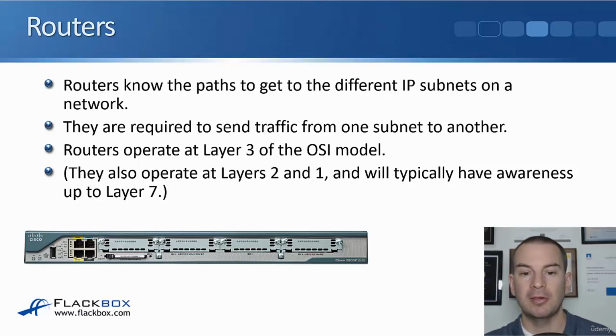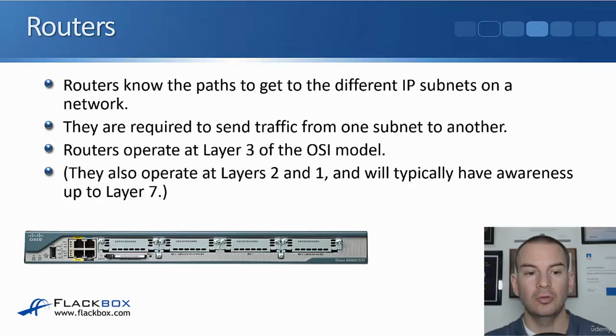It had 48 ports plus some uplinks, and they were all Ethernet ports. If you have a look at the picture here, this is a Cisco 2800 series router, and it's only got 2 built-in Ethernet ports. You see there's 4 ports there, but one of them is a console port and another one is an auxiliary port. So it only comes with 2 Ethernet ports compared to our 48 port switch that we had a look at earlier.